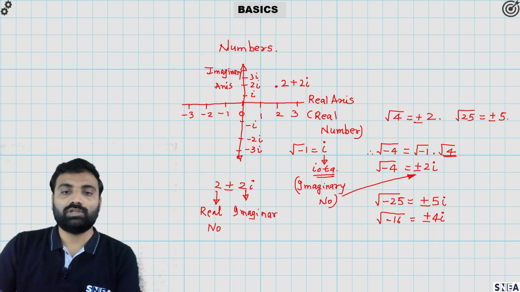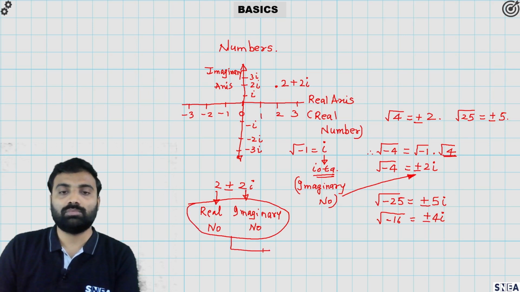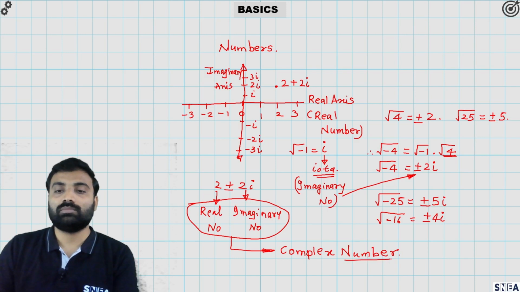So the number formed by combining real and imaginary is called a complex number.